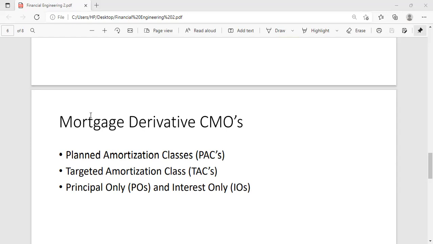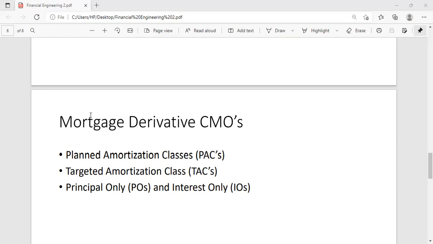In that case, if the mortgagor fails to pay the principal, so the actual principal is less than expected, then the maturity of the tranches will go up because they are not yet paid. Okay, and it will take more time to repay the principal.